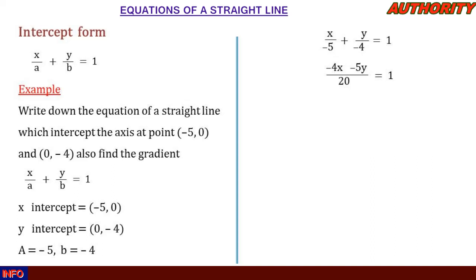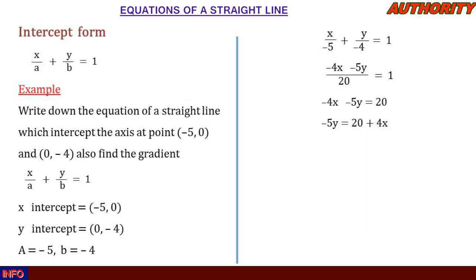So here let's cross multiply. When we cross multiply, we have -4x minus 5y is equal to 20. Let's take -4x to the other side. We have -5y is equal to 20 plus 4x. Let's divide through by -5.